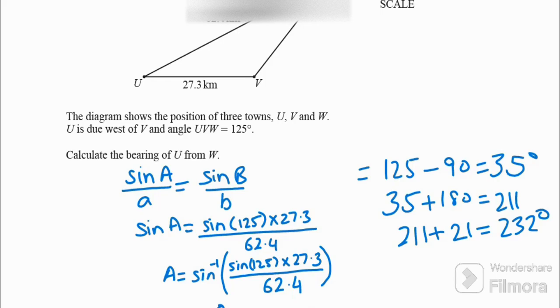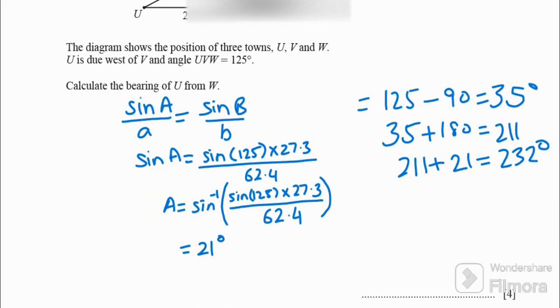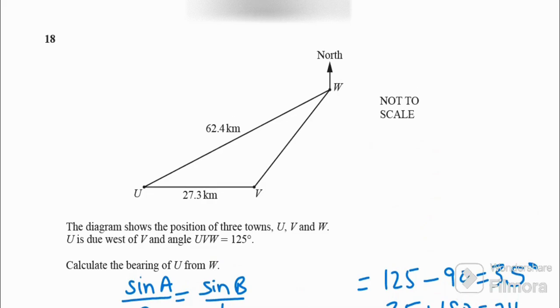It will be sine inverse, and the angle for A will be 21 degrees. Now we have this angle, UWV. And the question is to calculate the bearing of U from W.